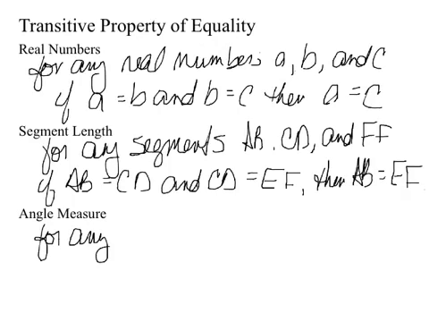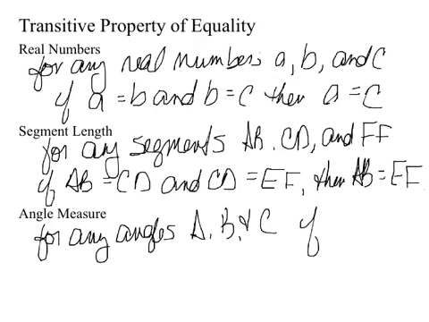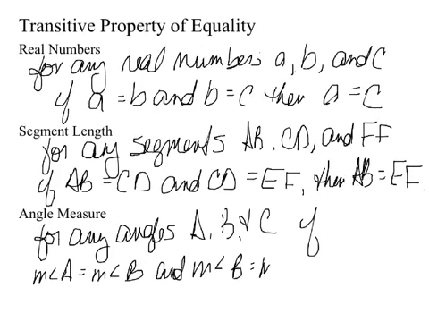Okay, angle measure. For any angles A, B, and C, if the measure of angle A equals the measure of angle B, and the measure of angle B equals the measure of angle C, then the measure of angle A equals the measure of angle C. All right, there's only 6 more slides.